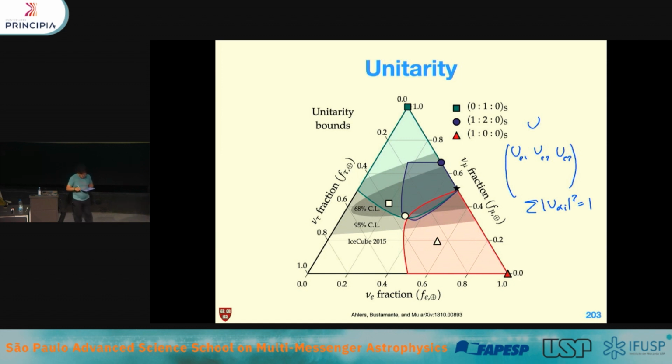So now, you start with an initial flavor, say your initial flavor composition is just electron neutrino only. This condition does not allow you to put any arbitrary fraction in the other states. And when you actually do the math, you find that you cannot have the other one. So it just comes from this math.